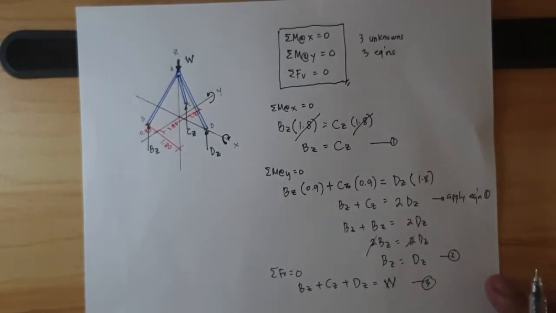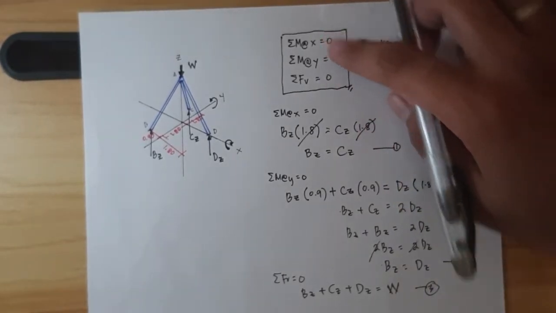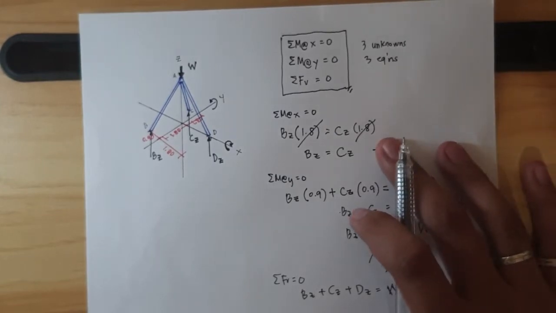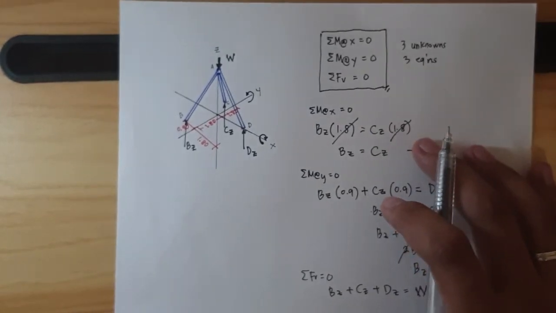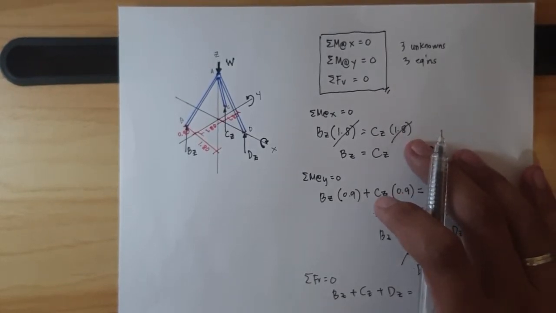Next, once you have these equations, the next thing to do is compute the hypotenuse, or the length of each member.